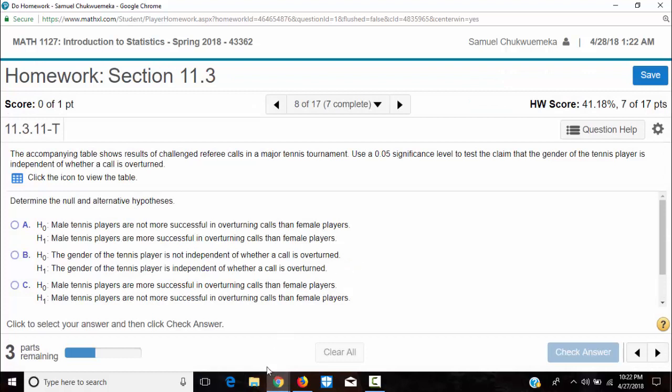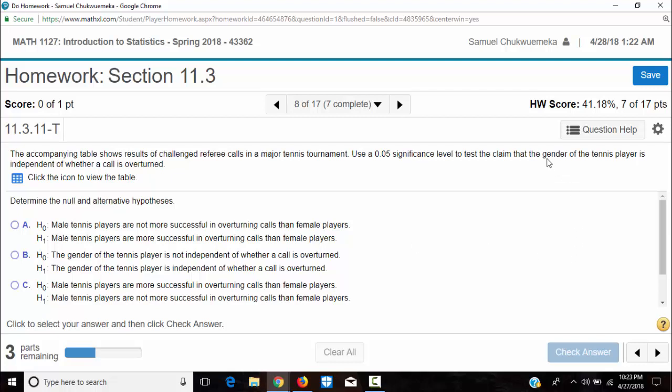Question 8. The accompanying table shows results of challenged referee calls in a major tennis tournament. Use a 0.05 significance level to test the claim that the gender of the tennis player is independent of whether a call is overturned.